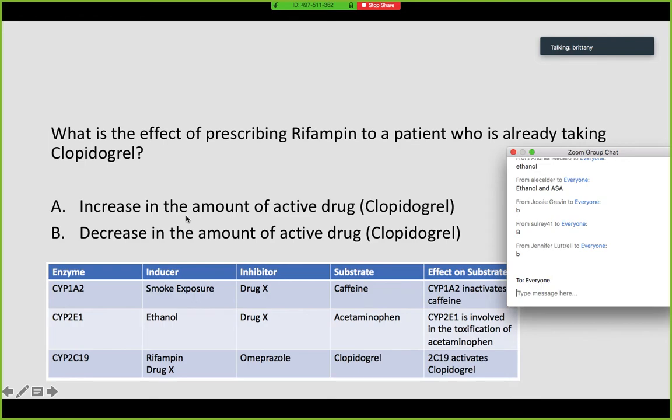Okay, so what is the effect of prescribing rifampin to a patient who is already taking clopidogrel? So rifampin is an enzyme inducer, and it induces 2C19, so it activates clopidogrel.